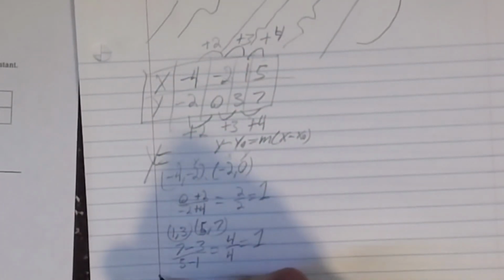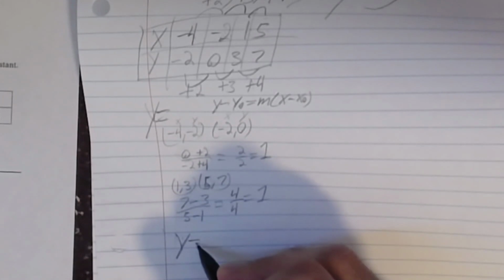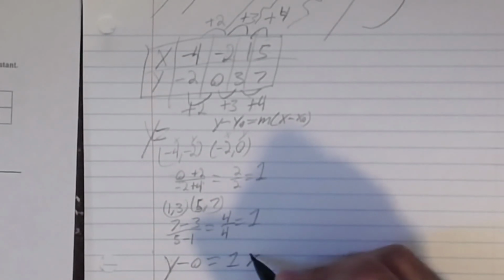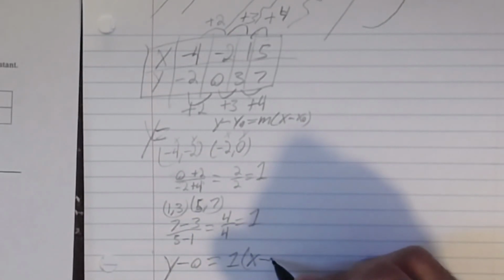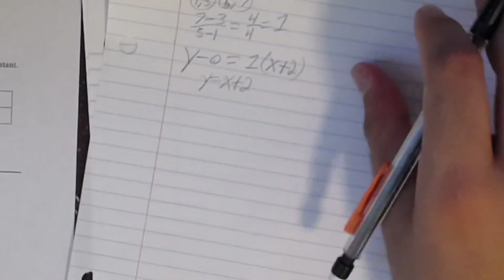So our function is going to be y is equal to -0, which is just that. What is our slope? Just 1. Then we got x. What is our original? It's going to be 2. So we're going to just get x plus 2. Oh, yeah, that's it. This is our function. So yeah, it is a linear function.